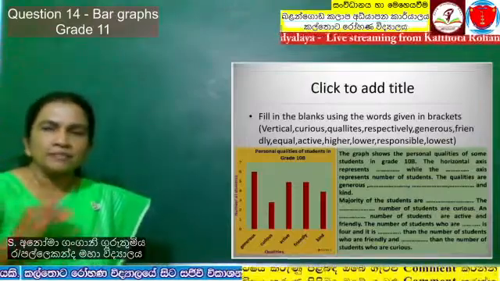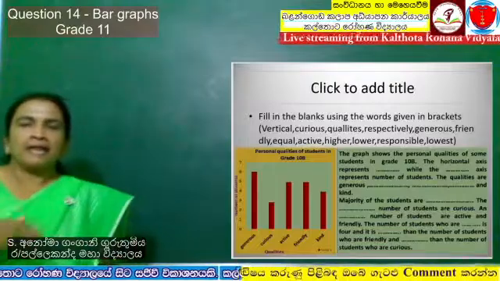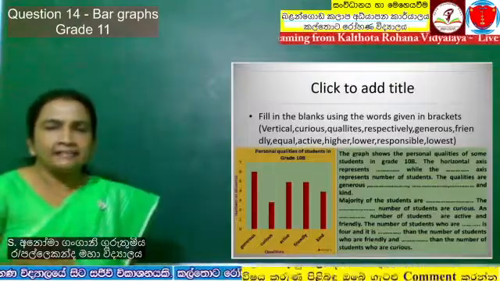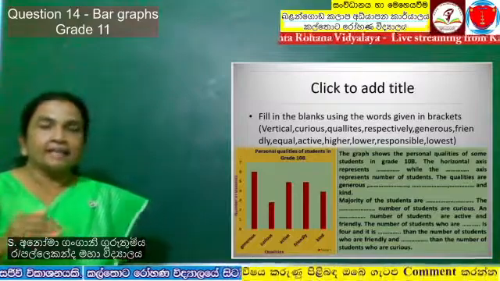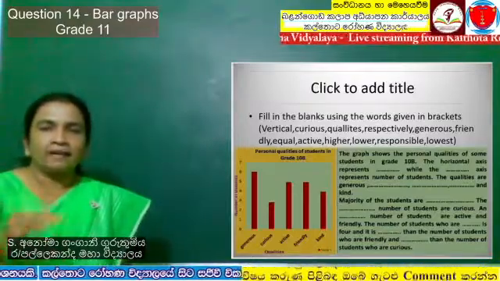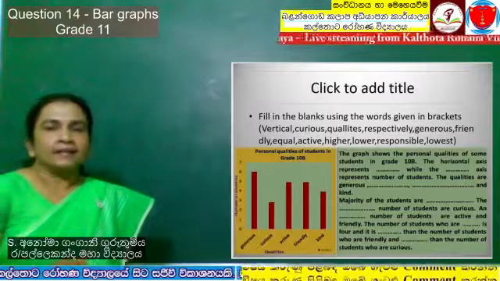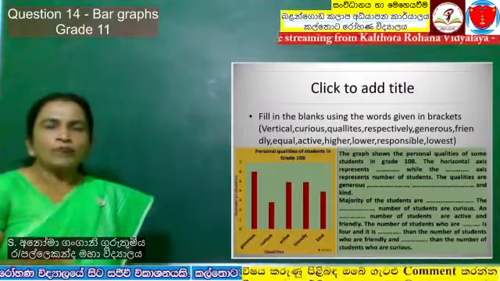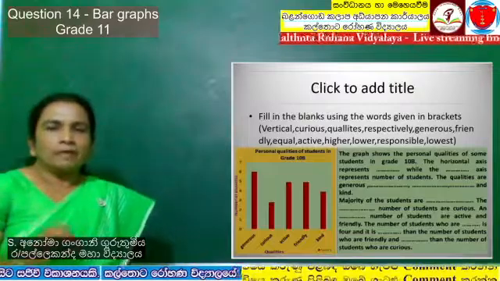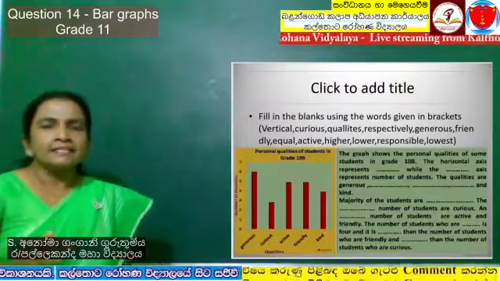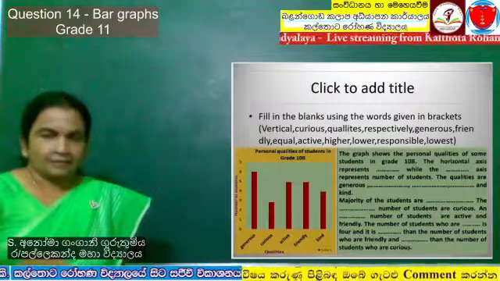The number of students who are again blank is 4 and it is again blank, then the number of students who are friendly and blank, then the number of students who are curious.